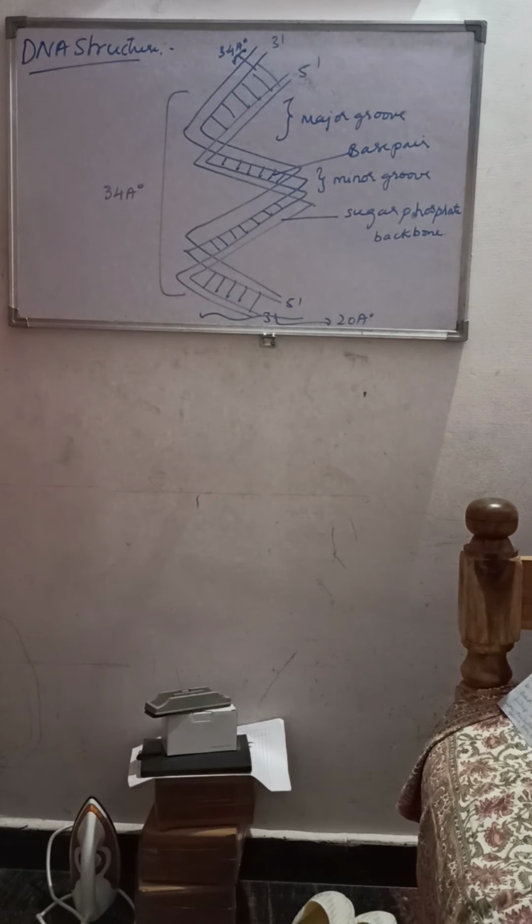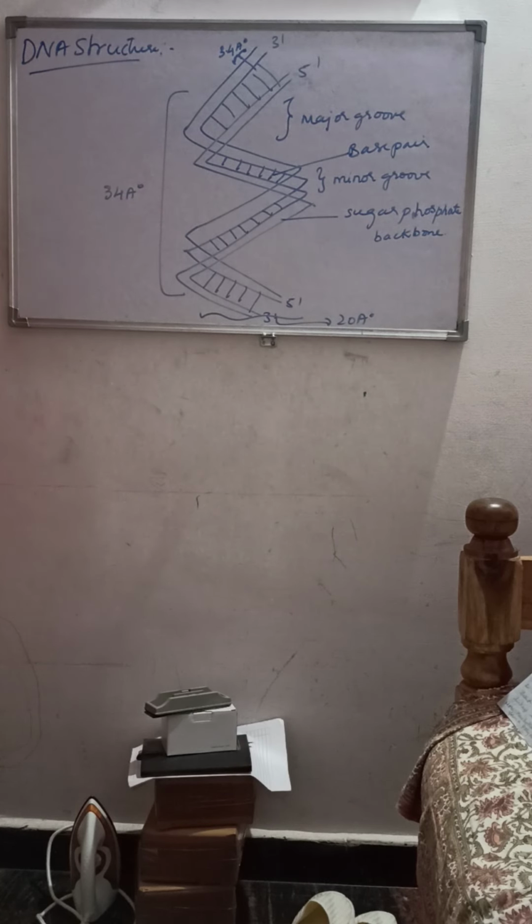What is the name given to this? It is called the double stranded DNA structure, or otherwise the double helix model of DNA.